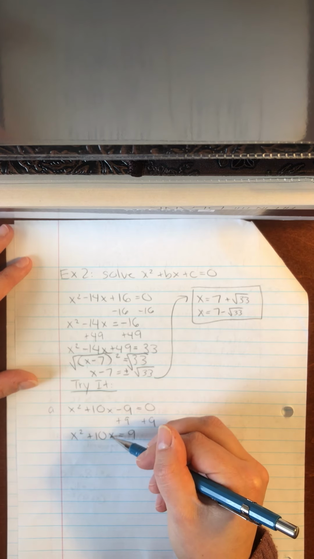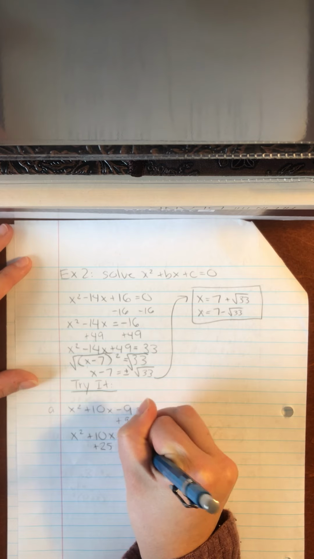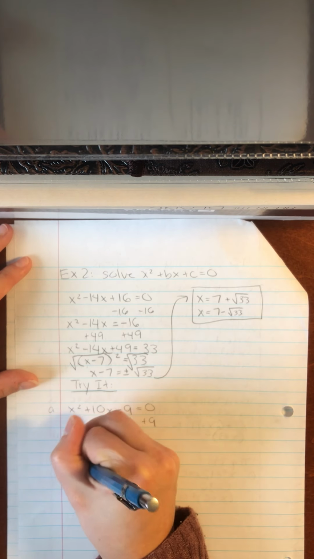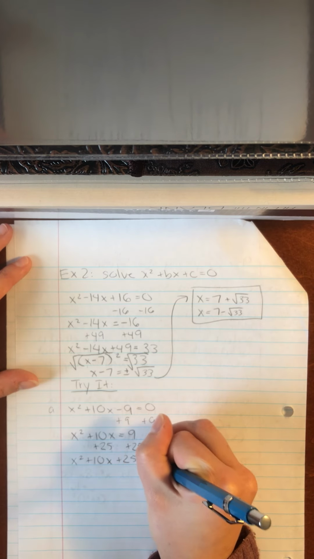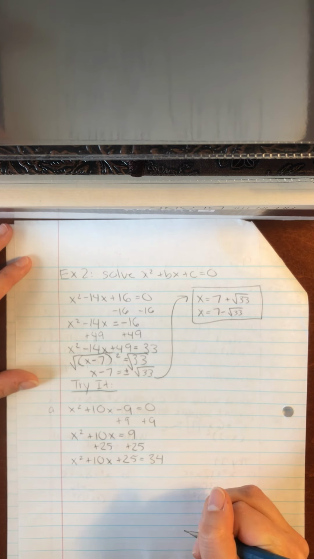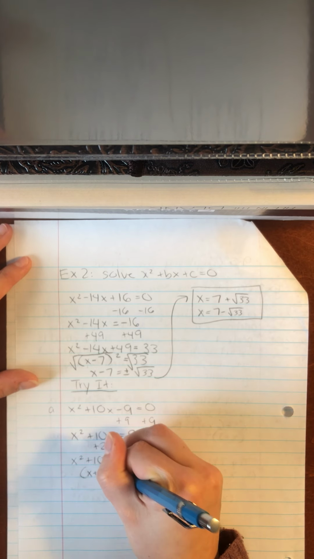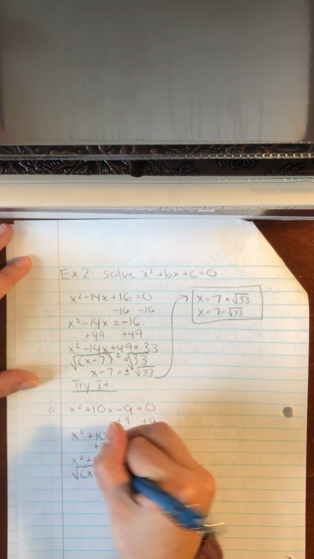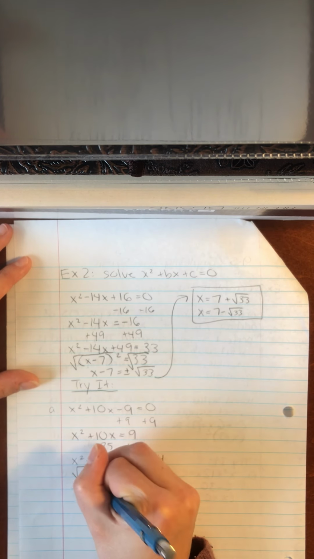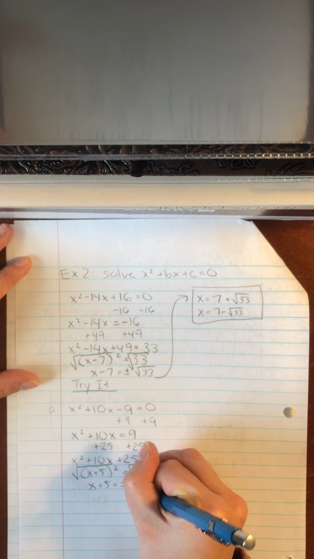Half of 10 is 5. 5 squared is 25, so I'm going to add 25 to both sides. x squared plus 10x plus 25 equals 34. This factors to (x plus 5) squared equals 34. Square root both sides. x plus 5 equals plus or minus radical 34.